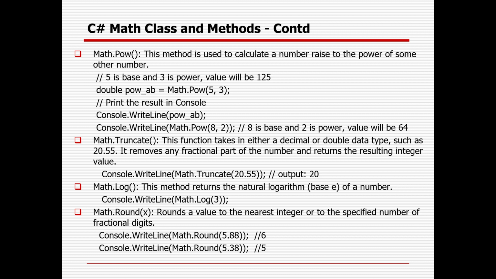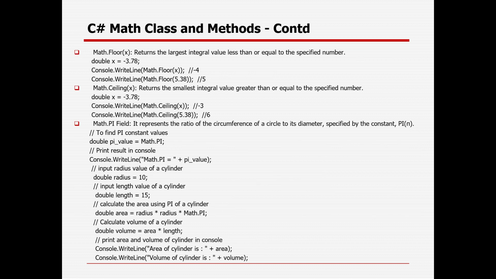Then the last important method is Math.Round. As of now you have already seen that Math.Truncate removes the remaining decimal value, Floor gives you the largest integral value less than or equal to the specified number, and Ceiling gives you the smallest integral value greater than or equal to the specified number.